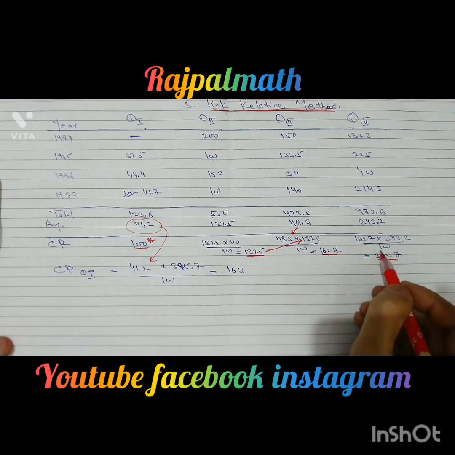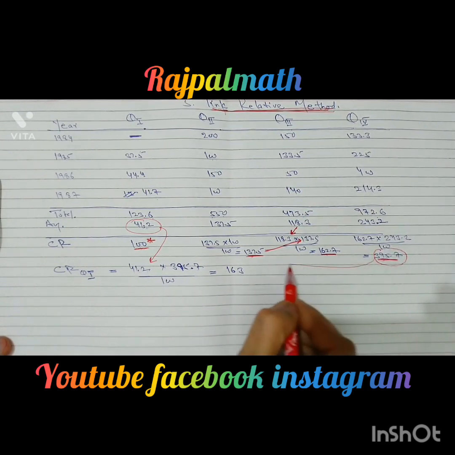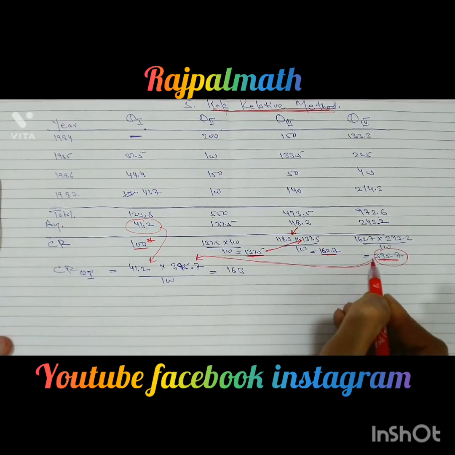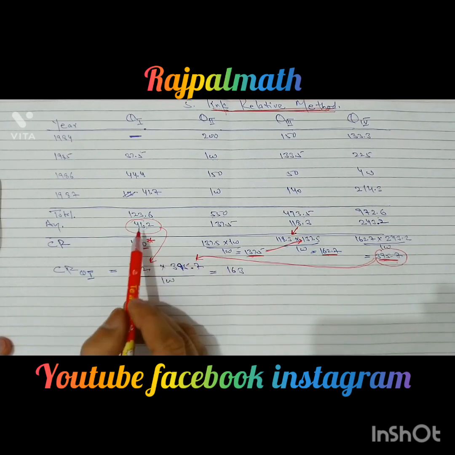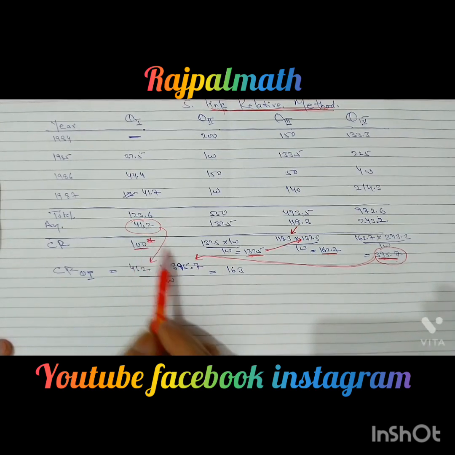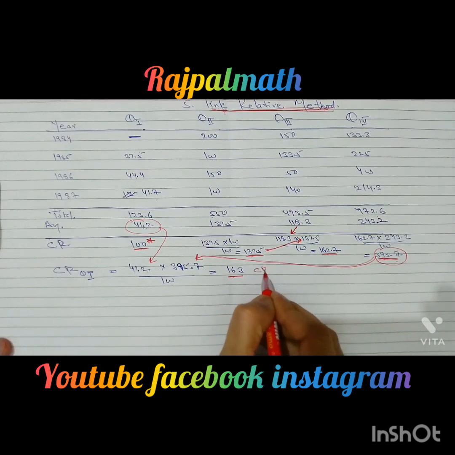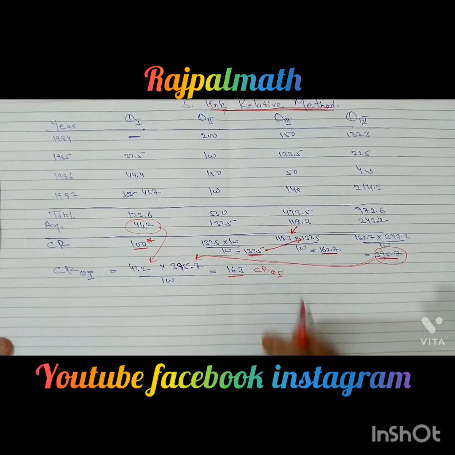Clear? CR for the last quarter: simple. The average of LR of the first quarter divided by 100 is the CR of quarter 1.